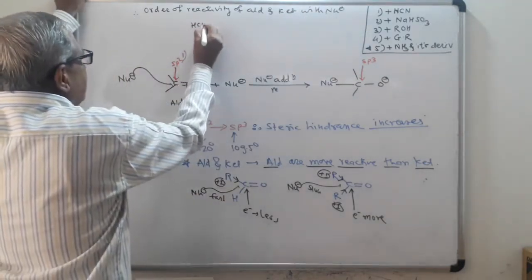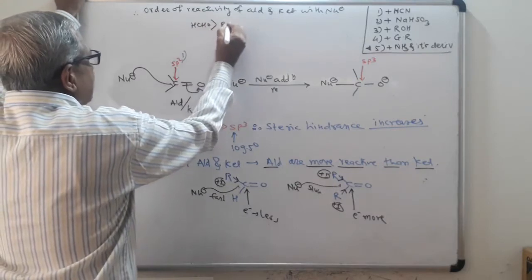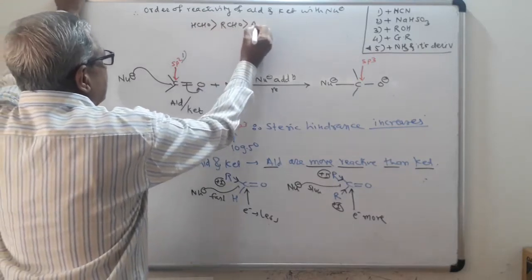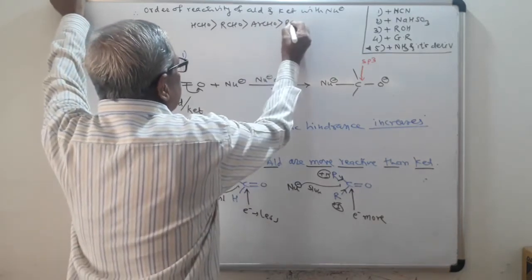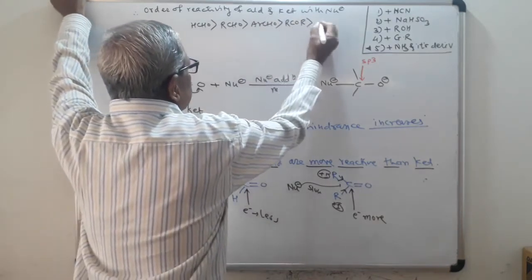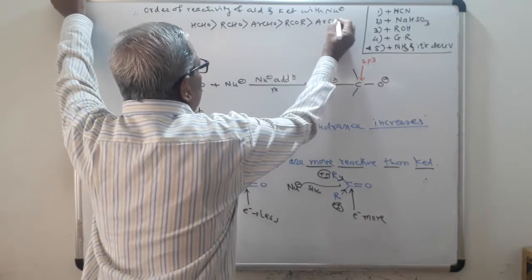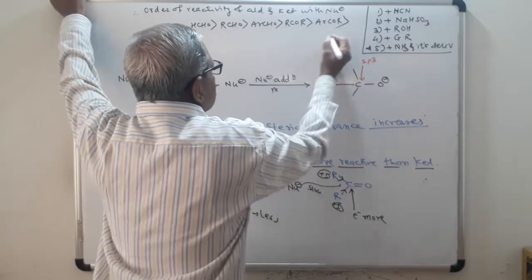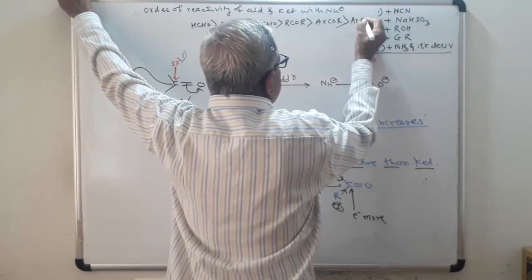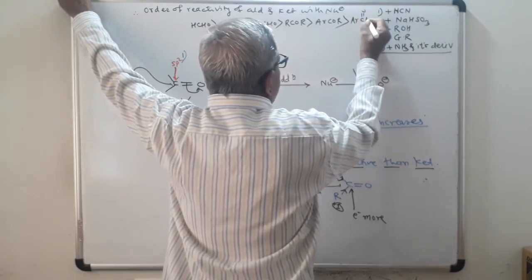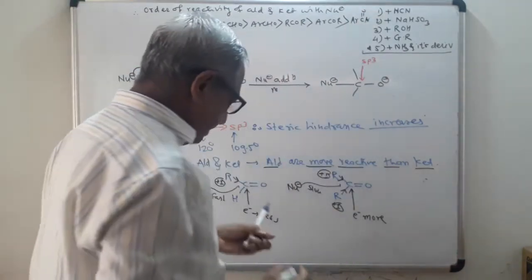First is formaldehyde, second is aliphatic aldehyde, third is aromatic aldehyde, next one is aliphatic ketone, next one is aromatic ketone with only one alkyl group, and last one is aromatic ketone with both aryl groups, ArCOAr. So this is the order of reactivity.